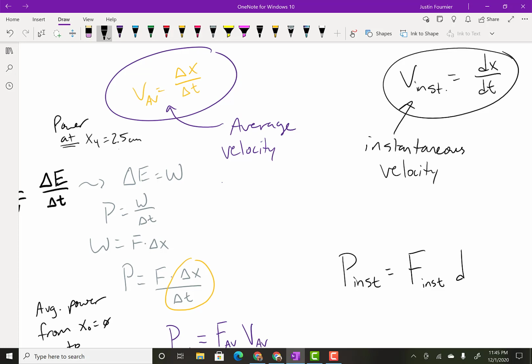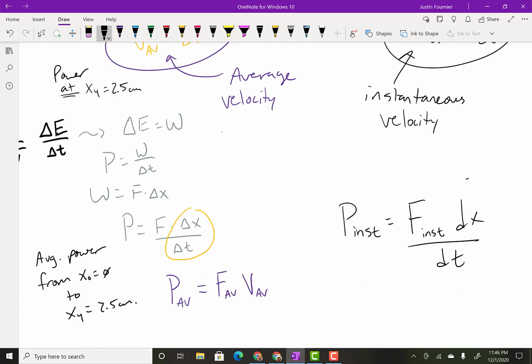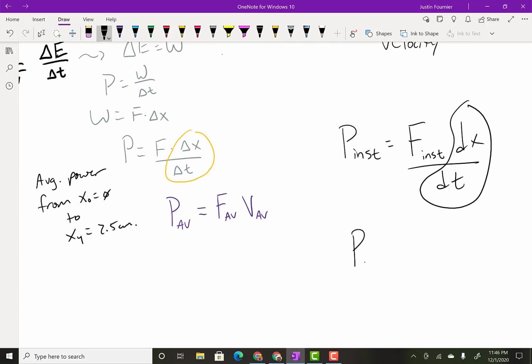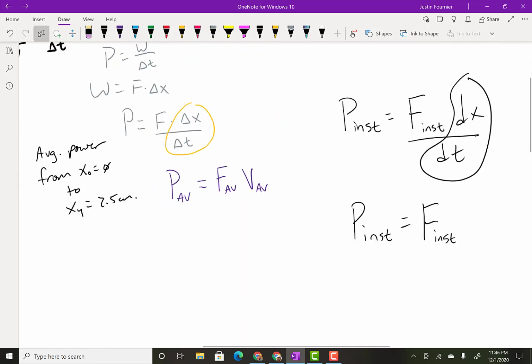So the instantaneous power would be equal to the instantaneous force multiplied by dx dt, which is the instantaneous velocity.